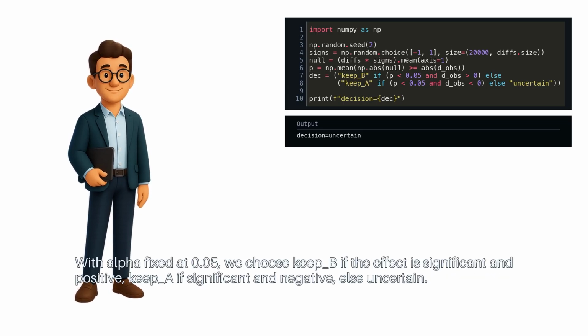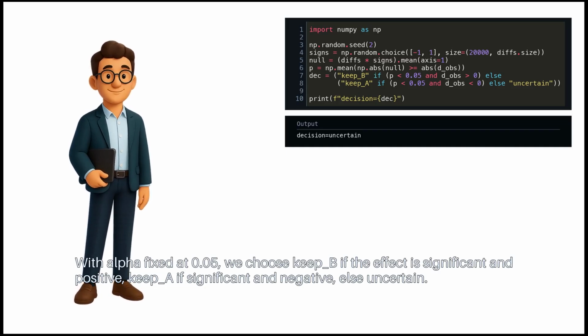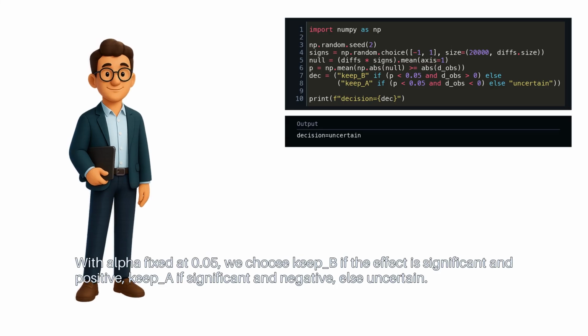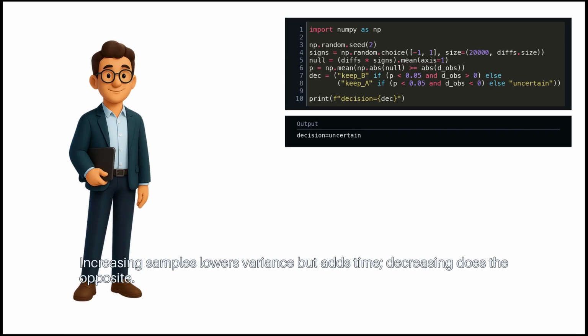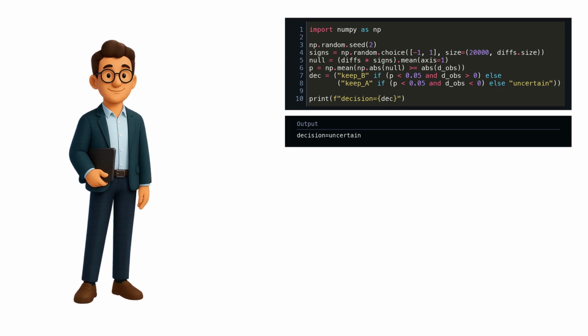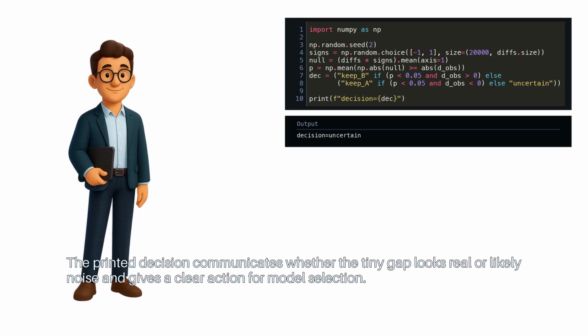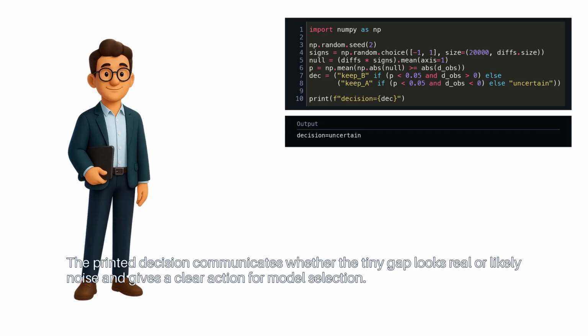With alpha fixed at 0.05, we choose keep B if the effect is significant and positive, keep A if significant and negative, else uncertain. Increasing samples lowers variance but adds time. Decreasing does the opposite. The printed decision communicates whether the tiny gap looks real or likely noise, and gives a clear action for model selection.